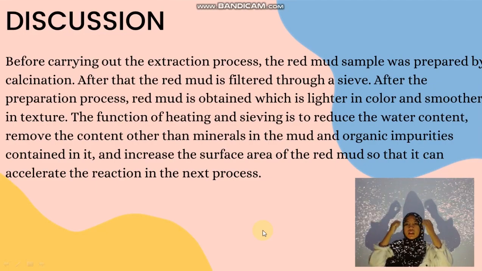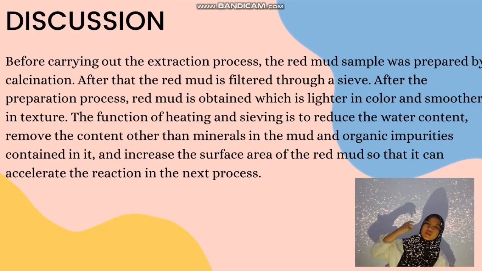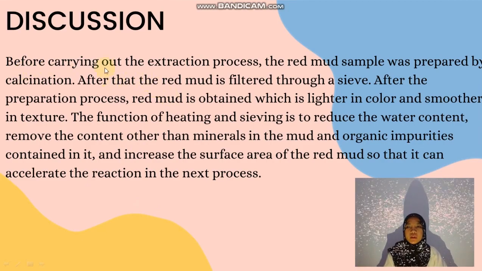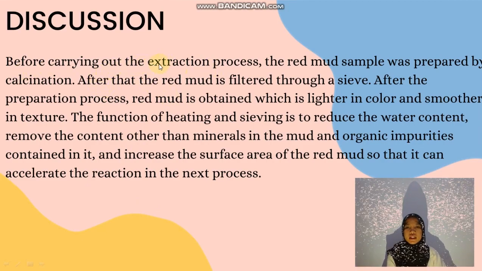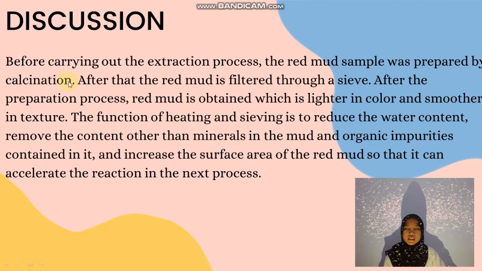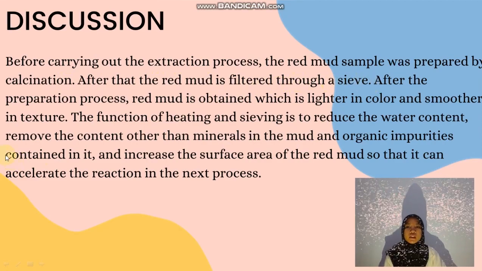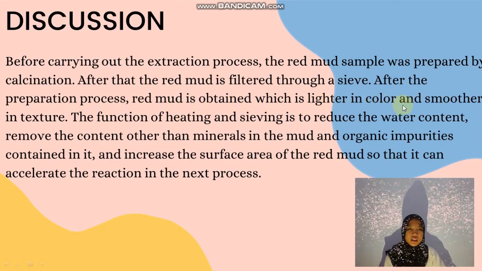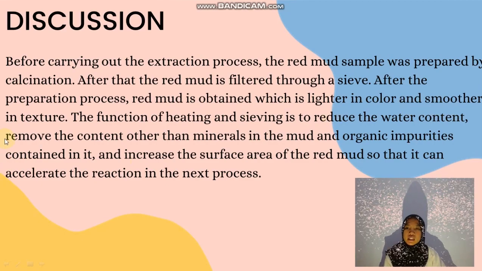Next, discussion from the module. Before carrying out the extraction process, the red mud sample was prepared by calcination. After that, the red mud is filtered through a sieve. After the preparation process, red mud is obtained which is lighter in color and smoother in texture.